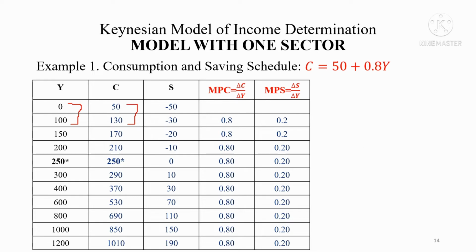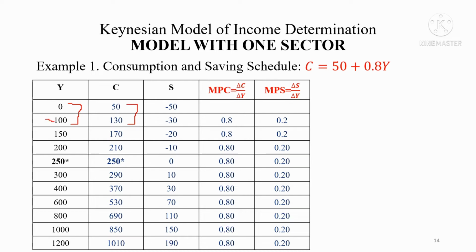So, the change in Y here is 100 minus 0, which is 100, and the change in C is 130 minus 50 is 80. So, 80 over 100, so that is 0.8.